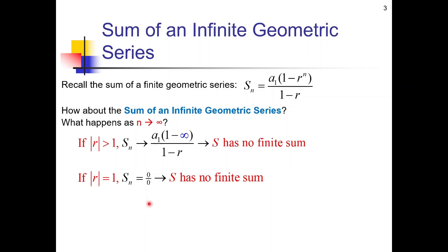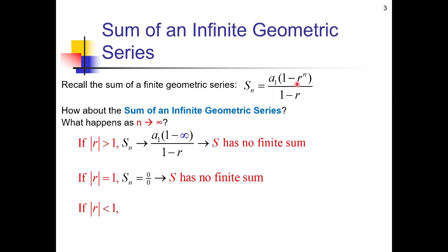So let's take a look at our third case then, where the absolute value of r is less than 1. Now we're multiplying by a number that's between negative 1 and 1, so that every time I multiply r by itself, I keep getting a smaller and smaller number. Think of the series 1 plus 1/2 plus 1/4 plus 1/8. Yes, we keep adding numbers, but they keep getting smaller and smaller.